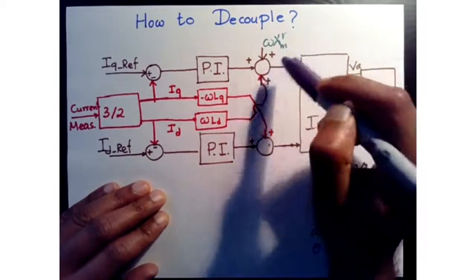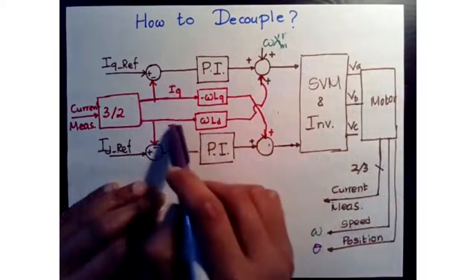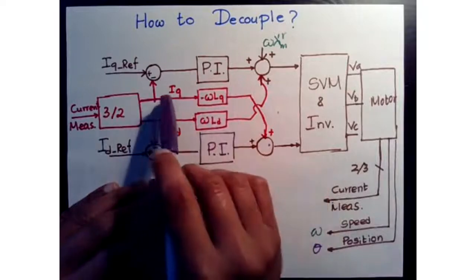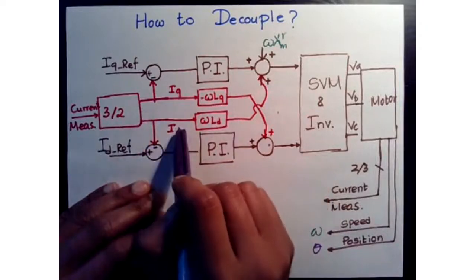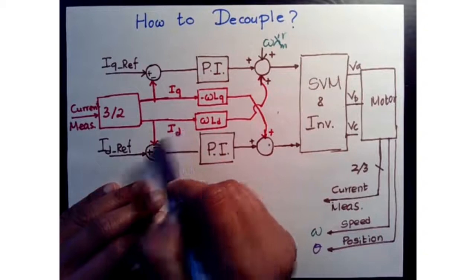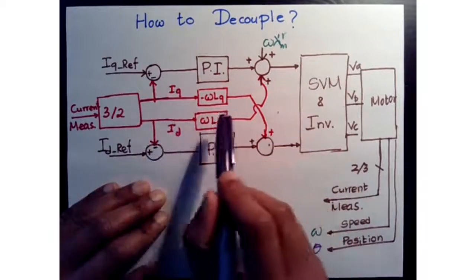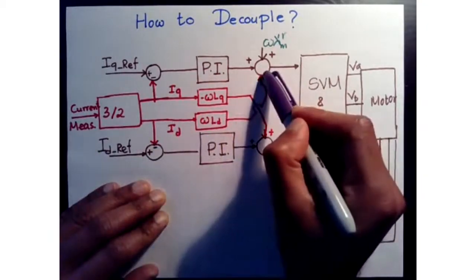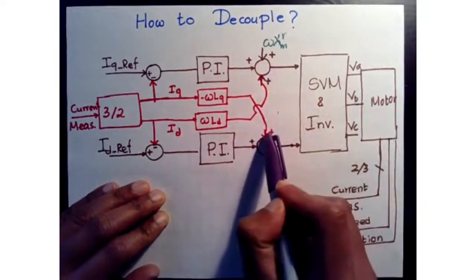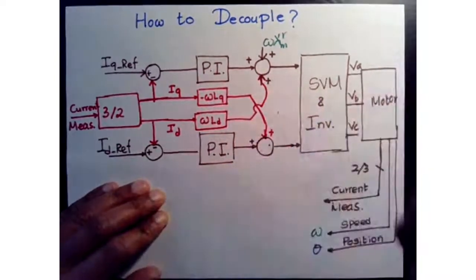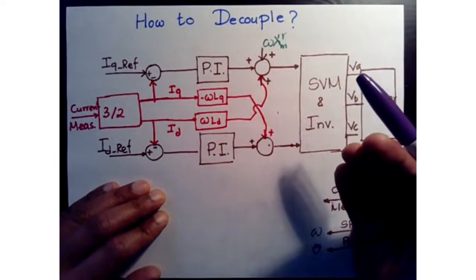Okay, but with this coupling term, it will look at what the currents are on the Q and D axes as they are being changed, and it will introduce the term beforehand. It's a little bit like feed forward control.